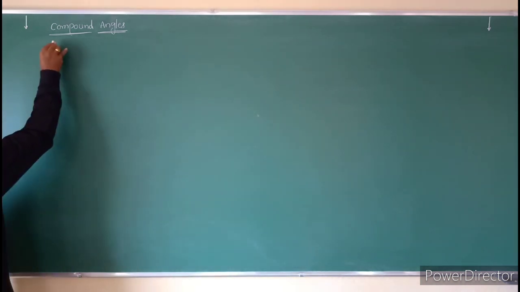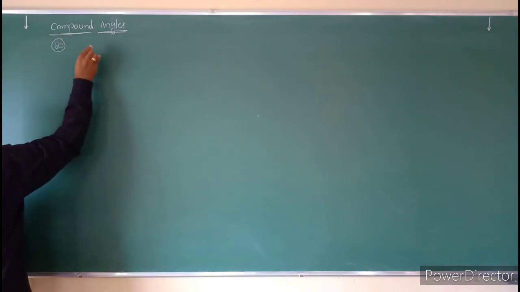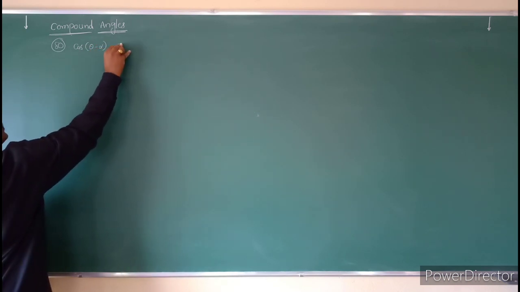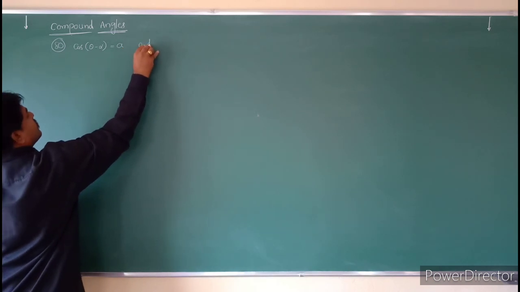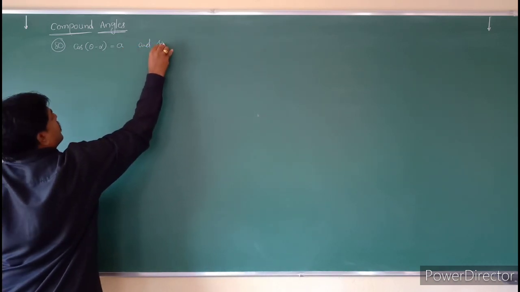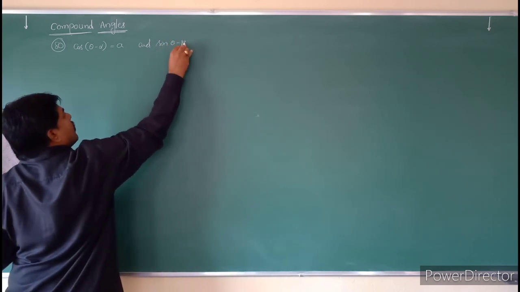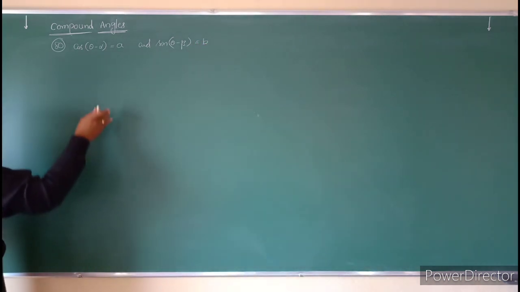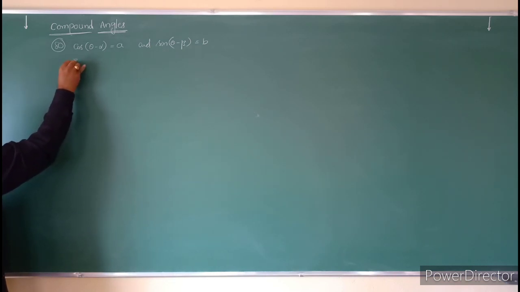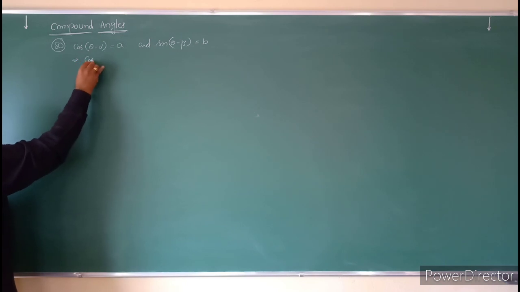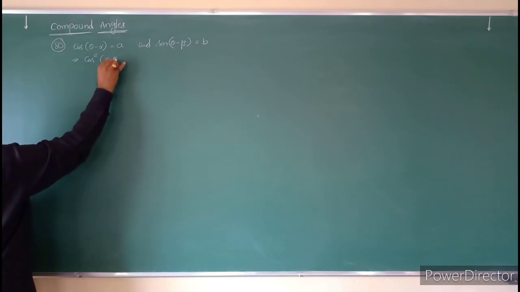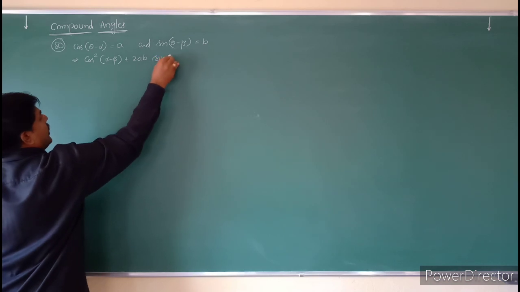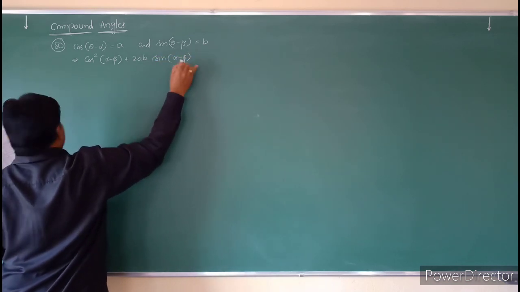If cos of theta minus alpha is equal to a and sin of theta minus beta is equal to b, then they are asking you to calculate cos square of alpha minus beta plus 2ab into sin of alpha minus beta.